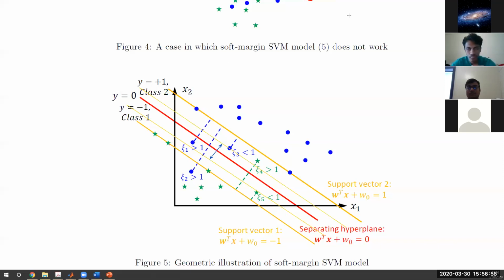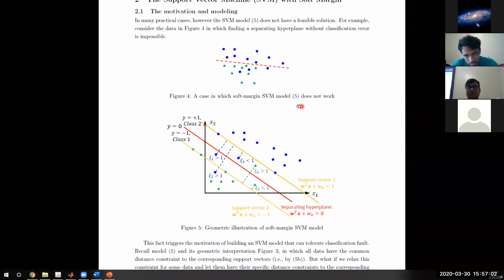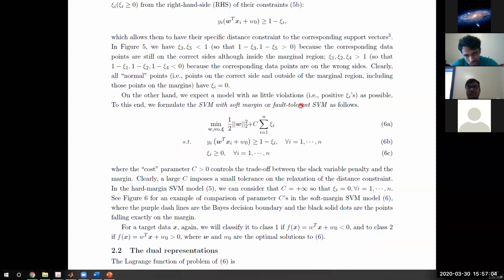So to this end, we use a parameter to reformulate it. We can formulate the model, which is called SVM with soft margin, or you can call it fault-tolerant SVM. This part and this part are still exactly the same as the hard margin SVM.